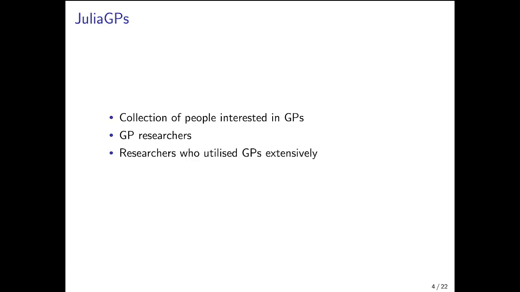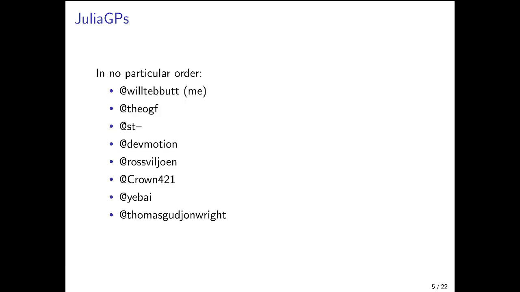So JuliaGPs, we're a collection of people who are interested in Gaussian processes. A lot of us are researchers who are specifically doing Gaussian process related things, or we're researchers who utilize GPs extensively, or we're researchers who utilize kernels in our work. There are various students involved in the organization and people like that. And that's really where we're coming from.